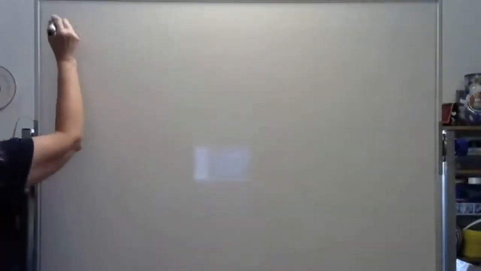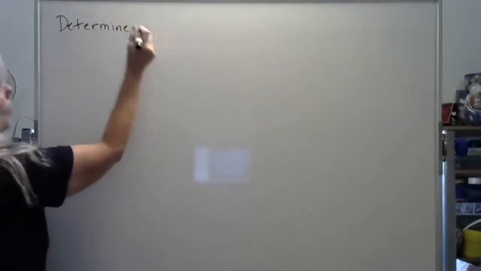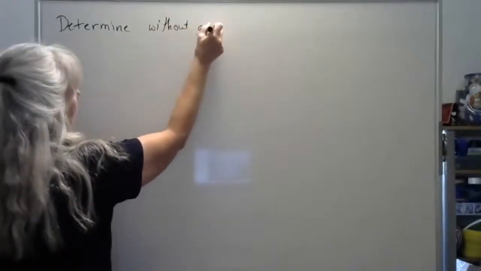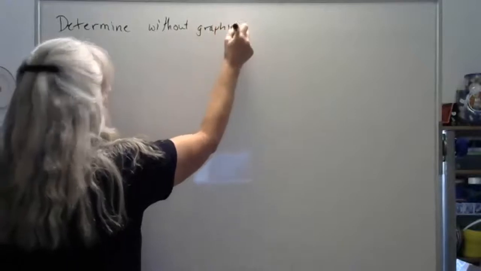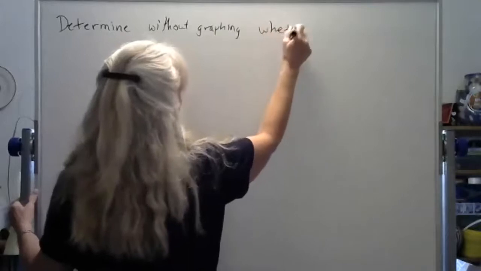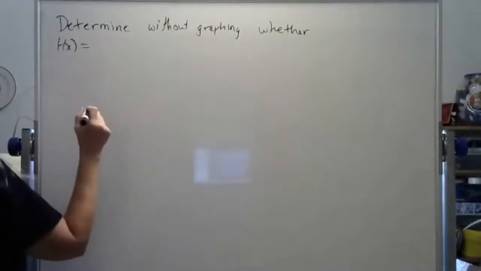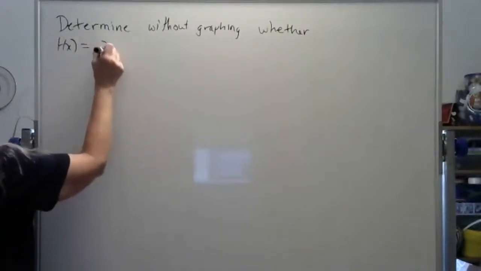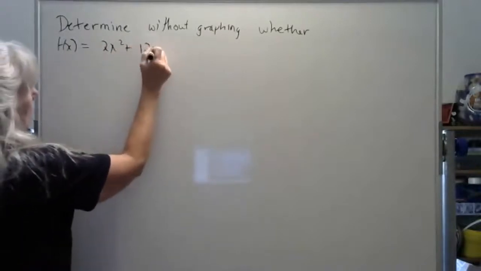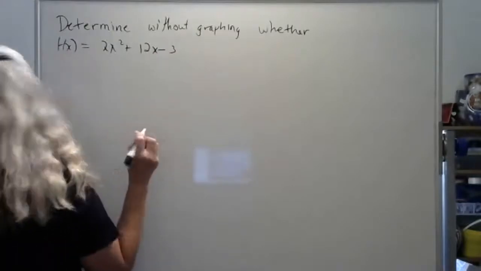So I want to determine without graphing whether f of x equals 2x squared plus 12x has a maximum or minimum value, and then find that value.